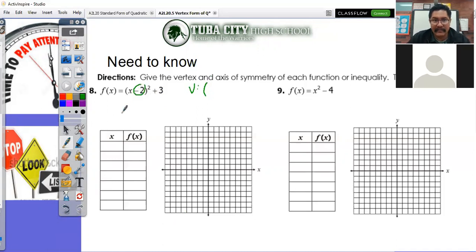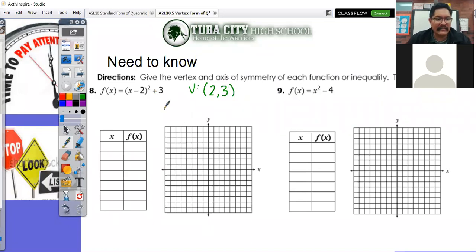Now it's going to be the opposite of this one. So you might think that it's -2, but in this case, it would just be 2. So 2. And then over here, it's going to be 3. So that one does not change.